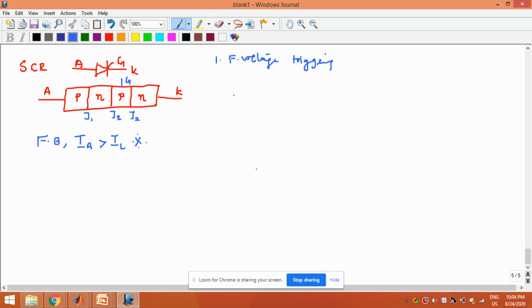So in this methodology of triggering, what we are trying to do is increase the forward bias voltage applied across the SCR, VAK.